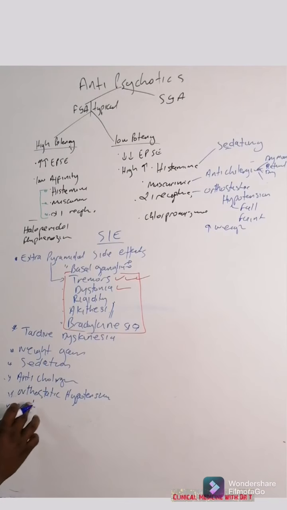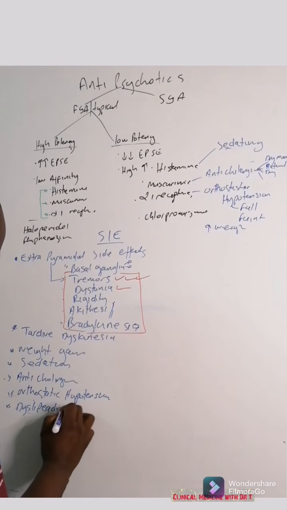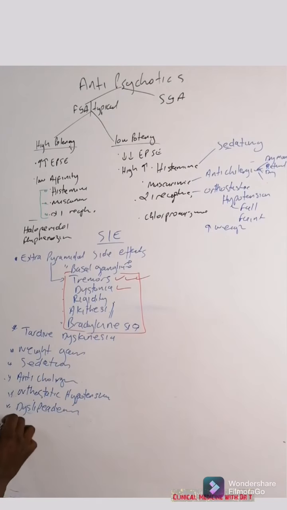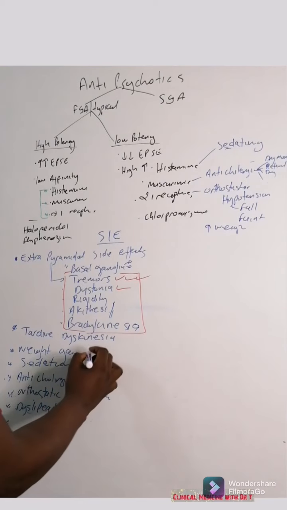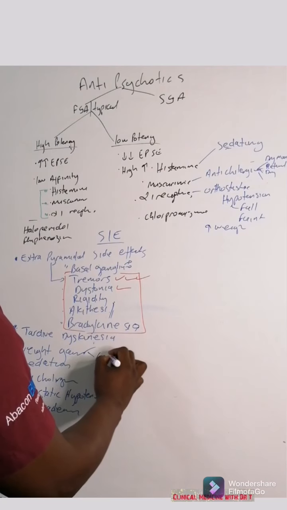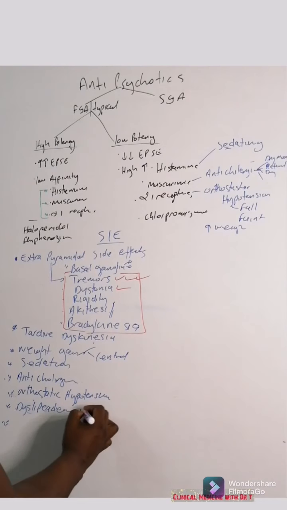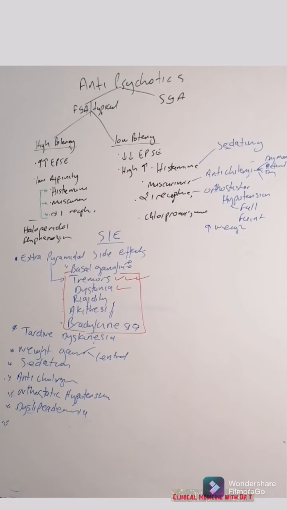Let me not call it metabolic syndrome, because metabolic syndrome means more; let me just say dyslipidemia. Some people get gross weight gain, and also central obesity, right? Dyslipidemia.